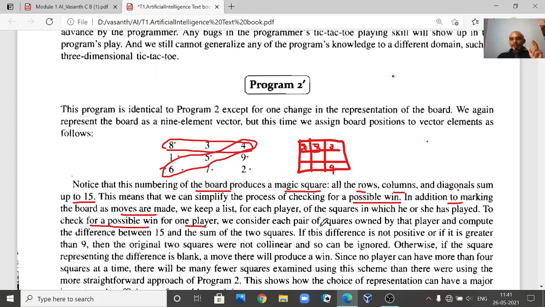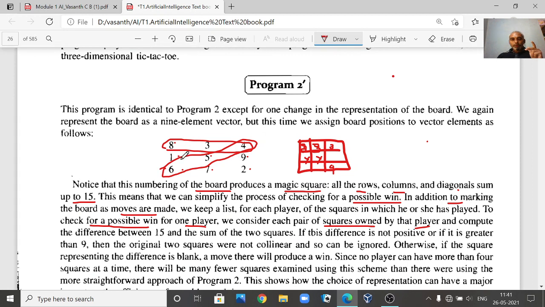Now we consider each pair of squares owned by that player. Say, for example, in this position X is there, and after some time here also X has made a move. These are the two positions, 1 and 5, so in total we get 6.